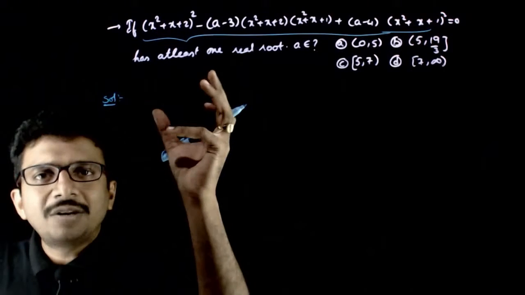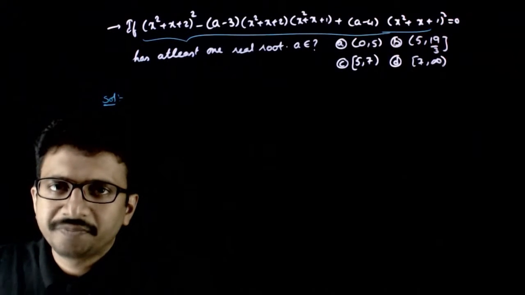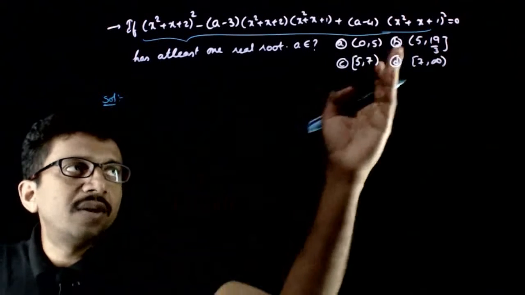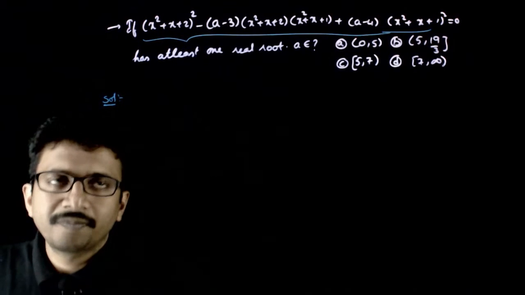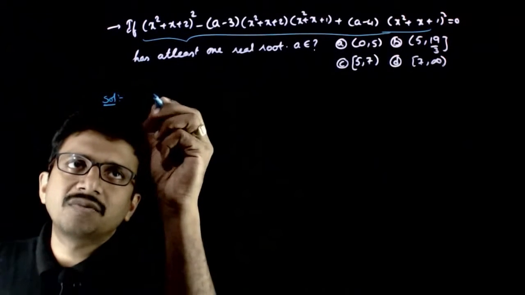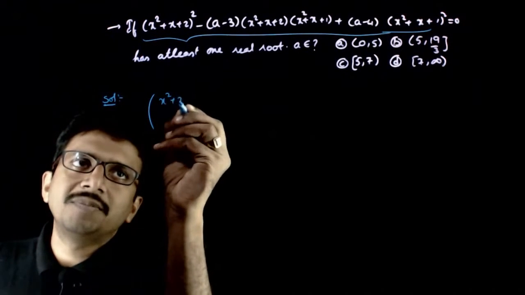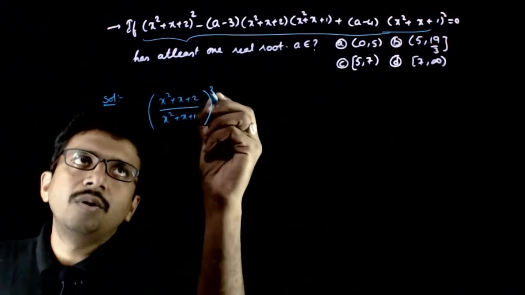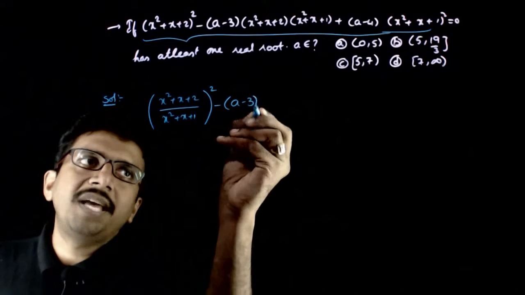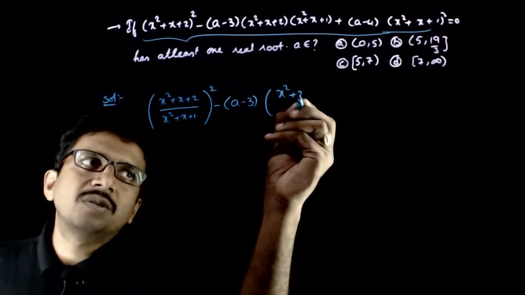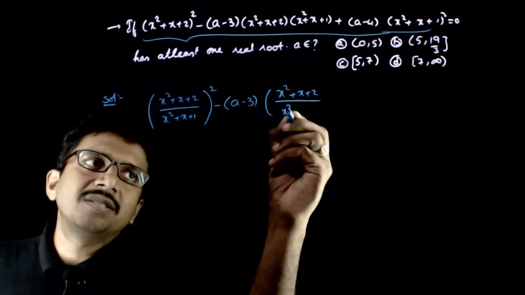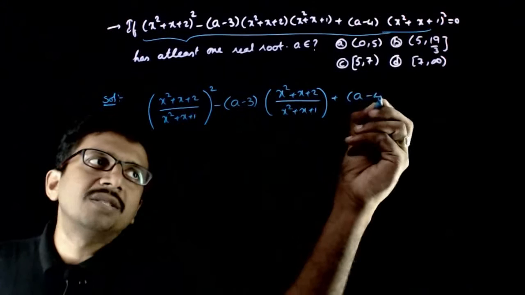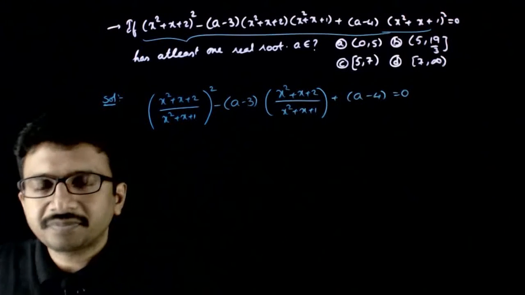First let me try to make this into a standard quadratic equation. To do that, I'll divide the whole equation by (x² + x + 1)². The equation becomes ((x² + x + 2)/(x² + x + 1))² − (a − 3)·(x² + x + 2)/(x² + x + 1) + a − 4 = 0.